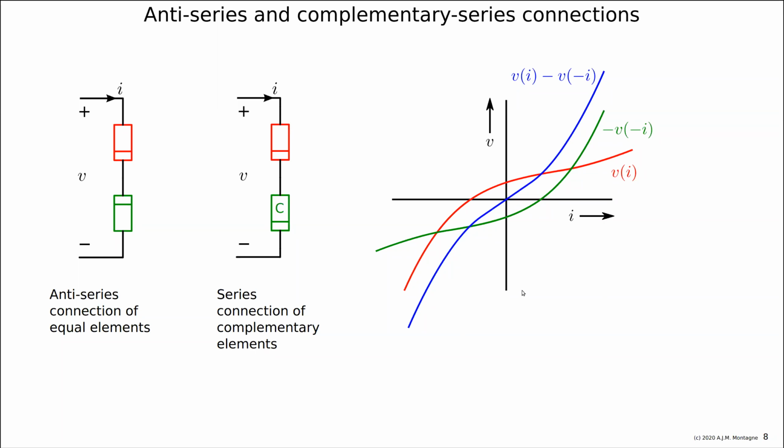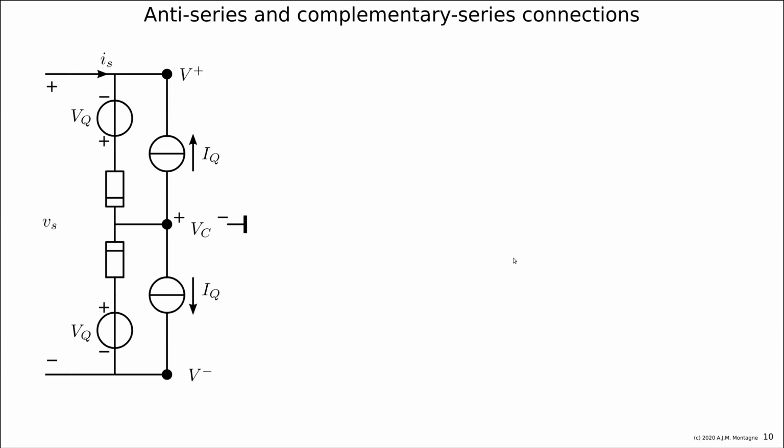So this is then compensated, and you clearly see now that we have created an odd function because you can rotate this function over 180 degrees and it remains the same. So it has only odd terms. If it would only have even terms, then you could mirror it around the y-axis. But this is a function having only odd terms. So we can also do it with complementary elements.